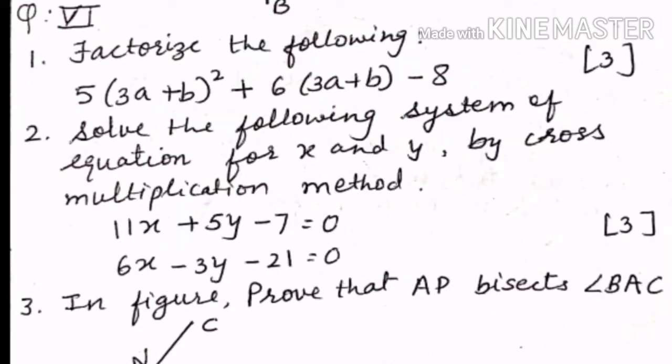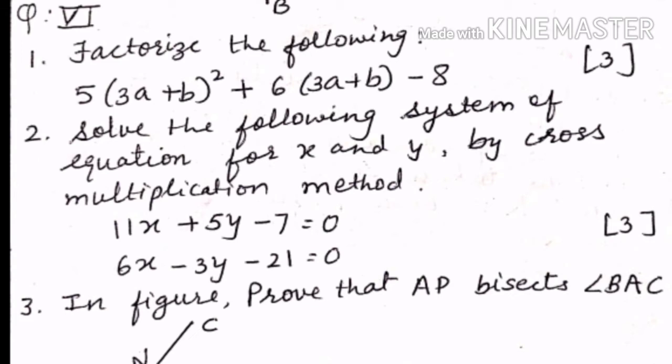Next question number 6. In question number 6, the first one is factorize the following. So factorization, this is 5(3a plus b) whole square plus 6(3a plus b) minus 8. In this type of question you can see that something is repeated, which is the 3a plus b bracket.